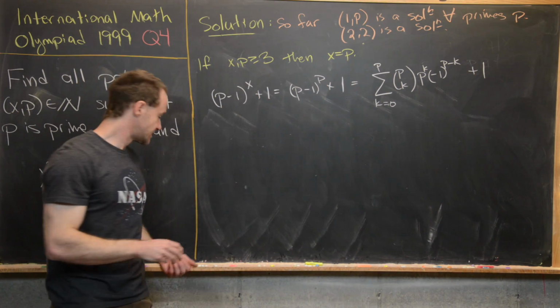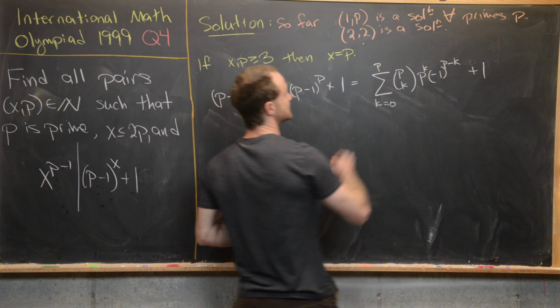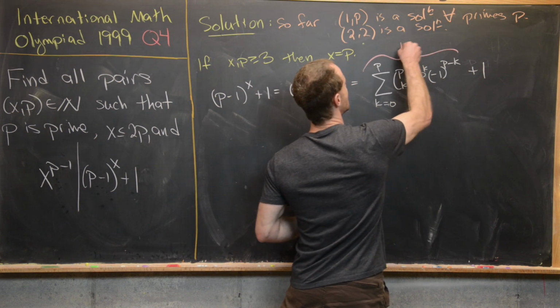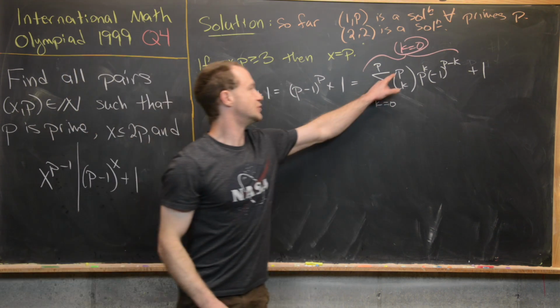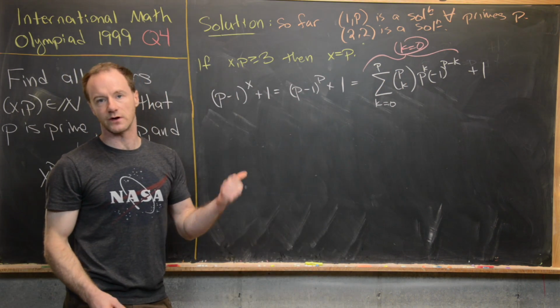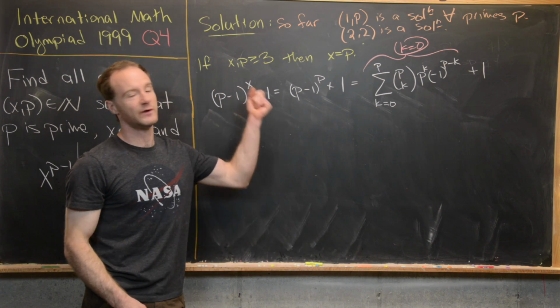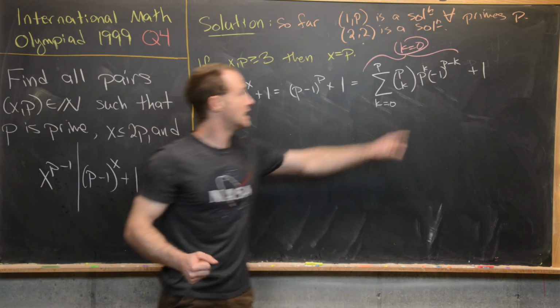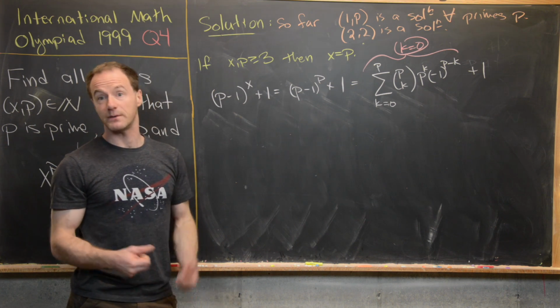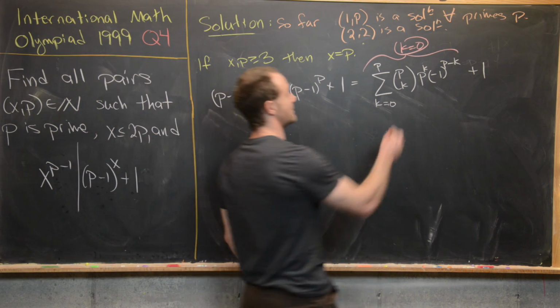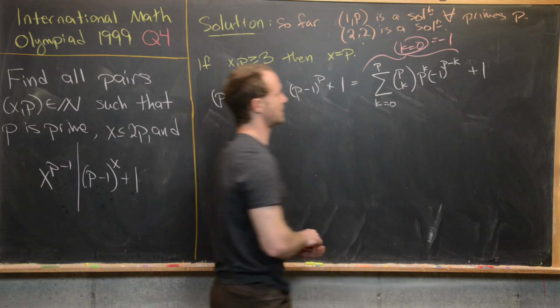Okay, great. So the first thing that I want to notice is that the k equals 0 term of this is equal to p choose 0, so anything choose 0 is 1, and then we've got p to the 0, which is 1, and then we have minus 1 to the p minus k, but p is odd, so that makes that minus 1.